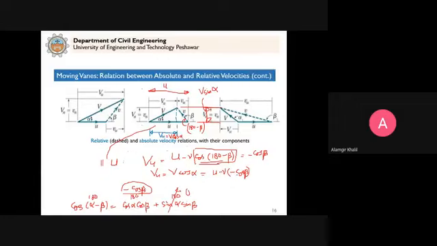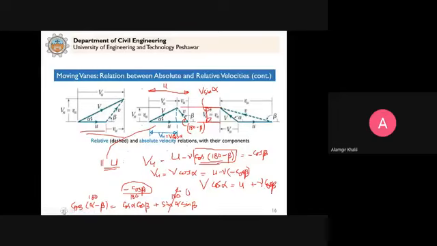So now minus into minus is plus. What we are left with is that V cos of alpha is equal to U plus small v cos of beta. And this is what we obtained for case 1, parallel to U. Clear?